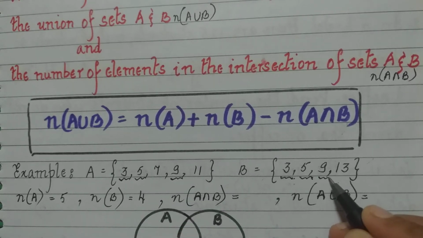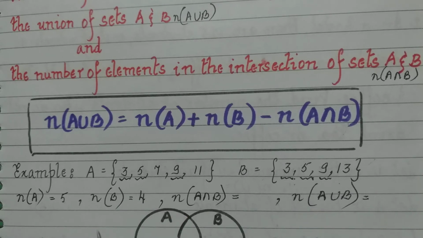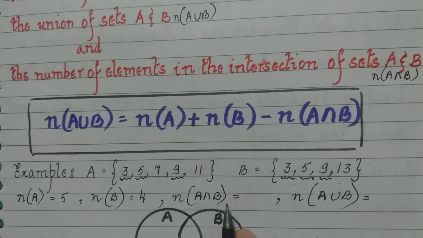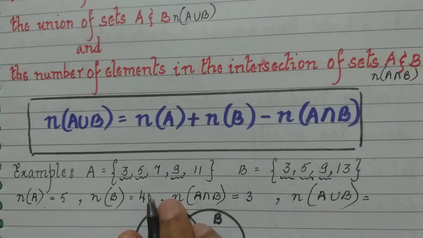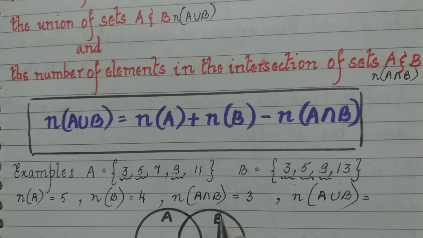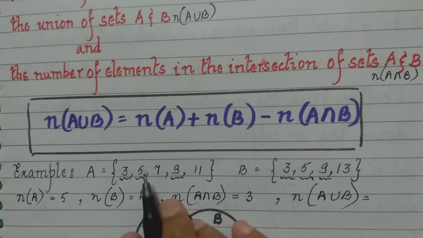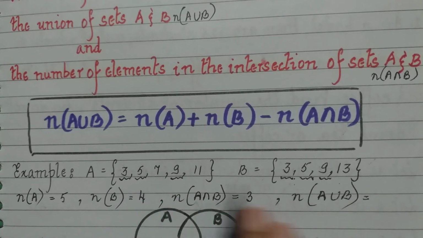That means we have 3 elements which are common to both. Therefore, n of A intersection B means the number of elements in A intersection B, that is 3 elements are common to both these sets, so we write it as 3.